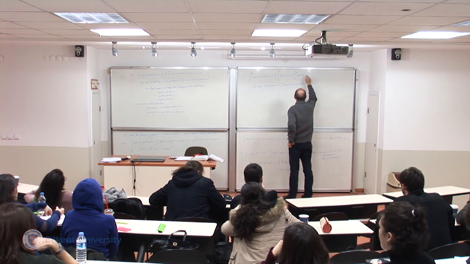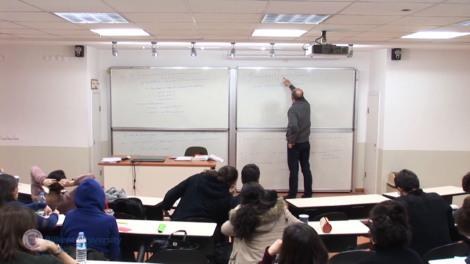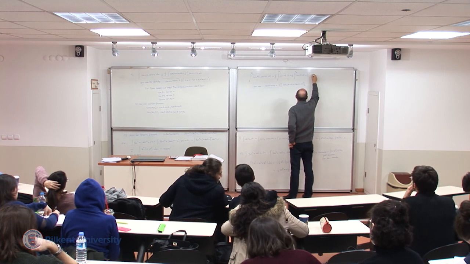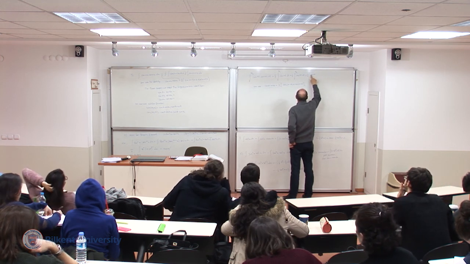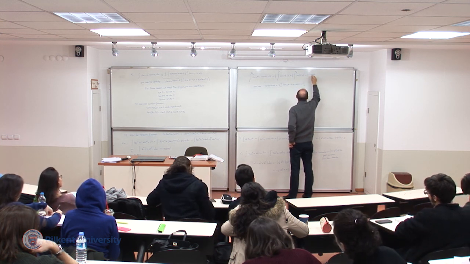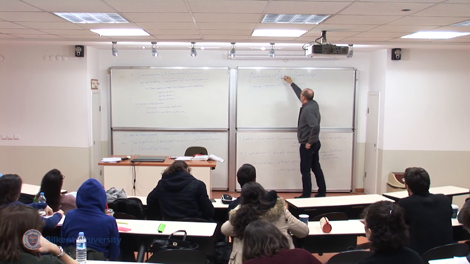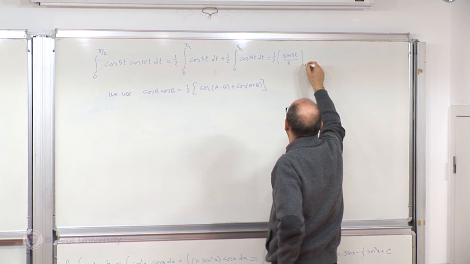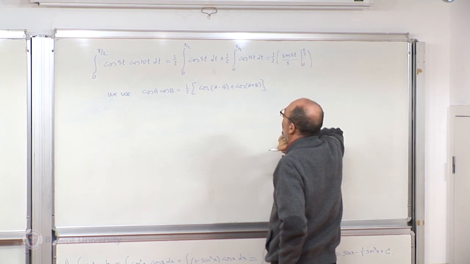Let's try if this works. We have 1 over 2. Then the antiderivative of this must be sine 5t. But if you take the derivative of this, you get 5 extra. So I don't have 5 there. So I do this, and 5 is here, right? And I evaluate this from 0 to pi over 2.